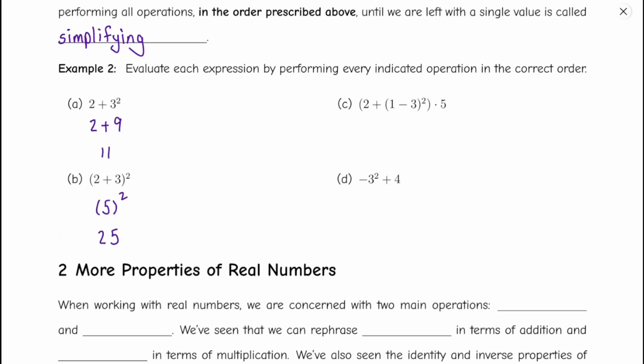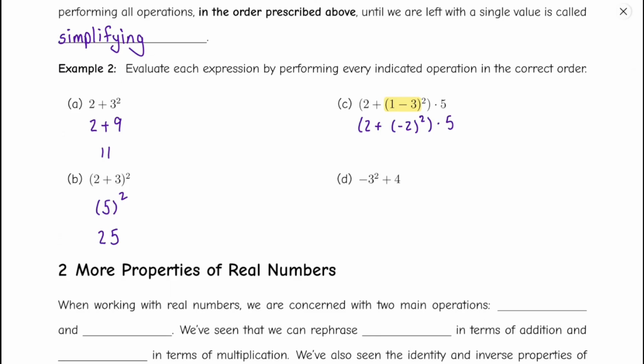C, here we have two sets of parentheses, but we do the innermost parentheses first. So we're going to do the 1 minus 3 first. Well, 1 minus 3 is negative 2. So we get 2 plus negative 2 squared, in parentheses, times 5.